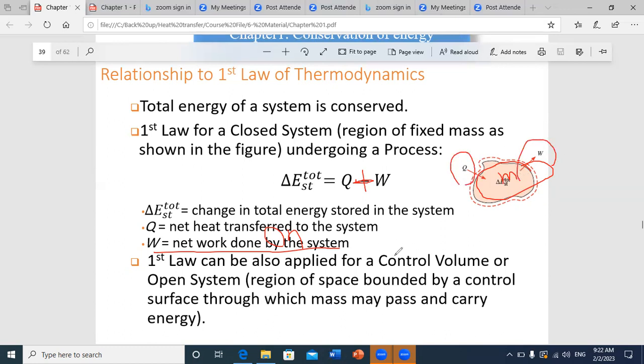However, in open systems, you can have fluxes of mass that can enter the system or exit it. For example, if you consider a certain duct, you have a mass flow rate coming in and another mass flow rate getting out.